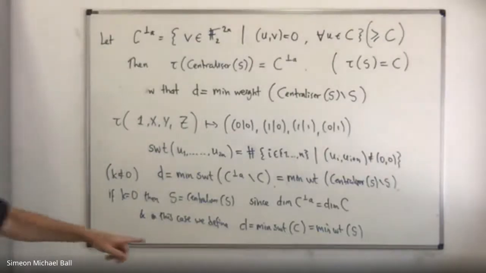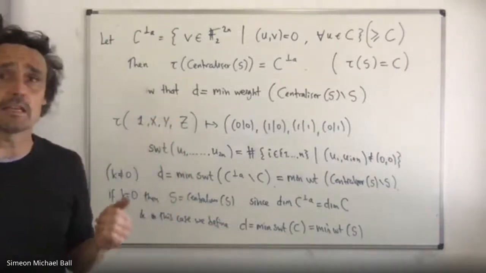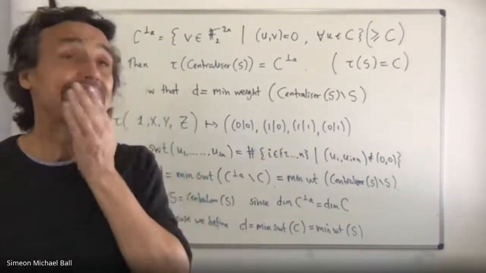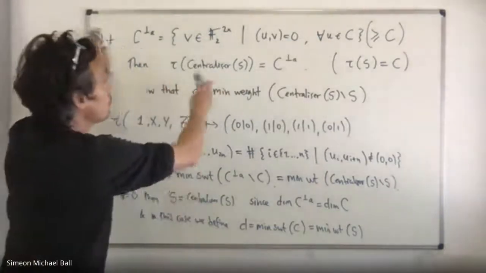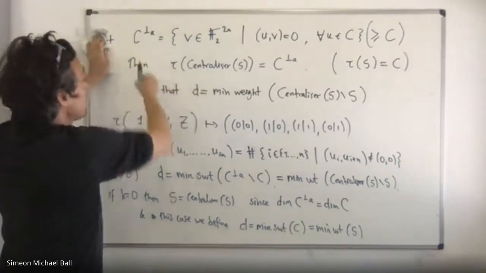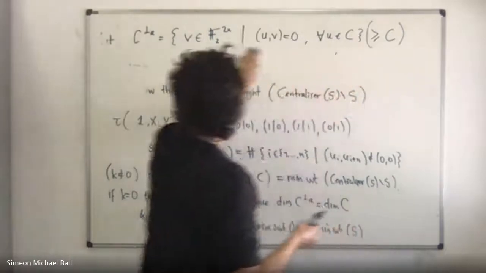And the reason for that is because that's kind of where we're aiming for when we take our subgroups. Okay, so when we take our subgroups, the centralizer, now we know all the dimensions and the sizes and everything because we know the dimension of C perp A. This is just an orthogonal subspace.